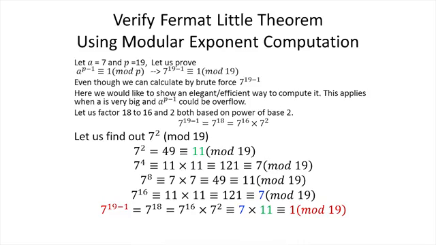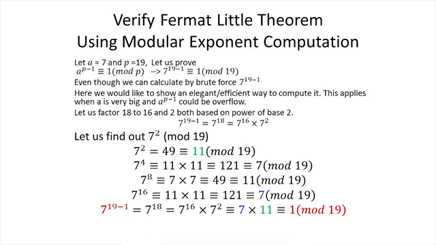The result of 11 times 11 is 121, which equals 6 times 19 plus 7, and therefore 7 is the remainder, and 11 times 11 and 7 are congruent modulo 19. Similarly, we find 7 to the power of 16 and 7 are congruent modulo 19.